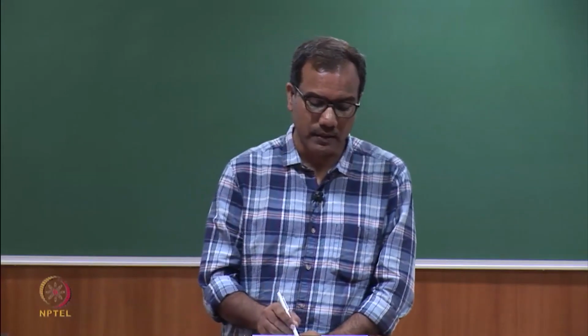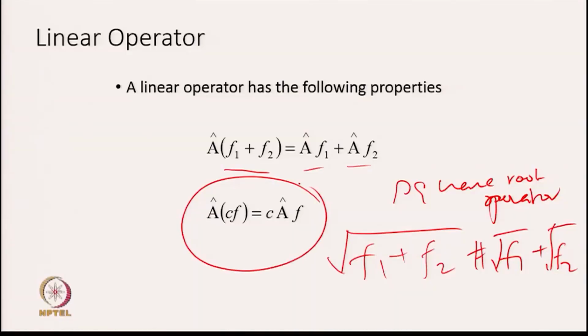The second condition, which should also be maintained, is that when you apply this operator to a function multiplied by a constant, you must get the constant multiplied by the operator applied to that function.